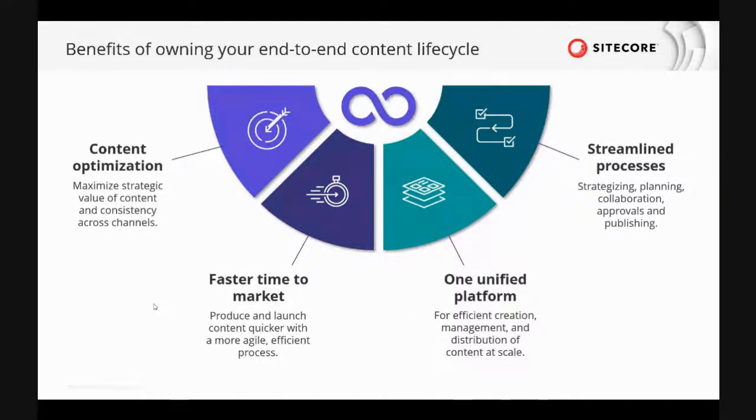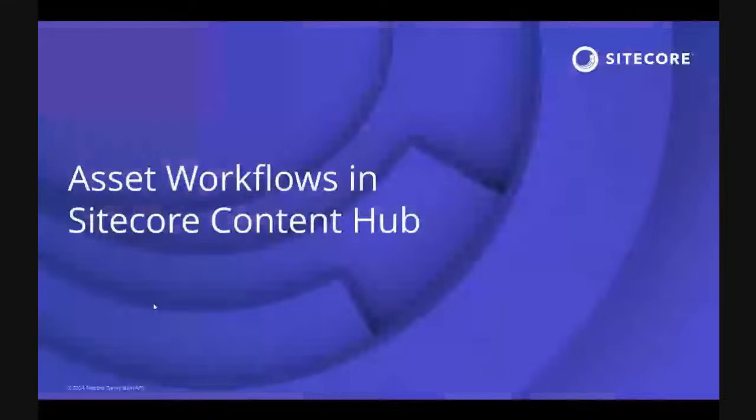A streamlined process for strategizing, planning, creating, improving, and publishing content across channels gets you to market faster. It gives you a holistic 360-degree view of all of your marketing content through a unified platform, and it allows you to further optimize content through maximizing the strategic value of content and consistency across channels. So, just to wrap up the quick introduction.